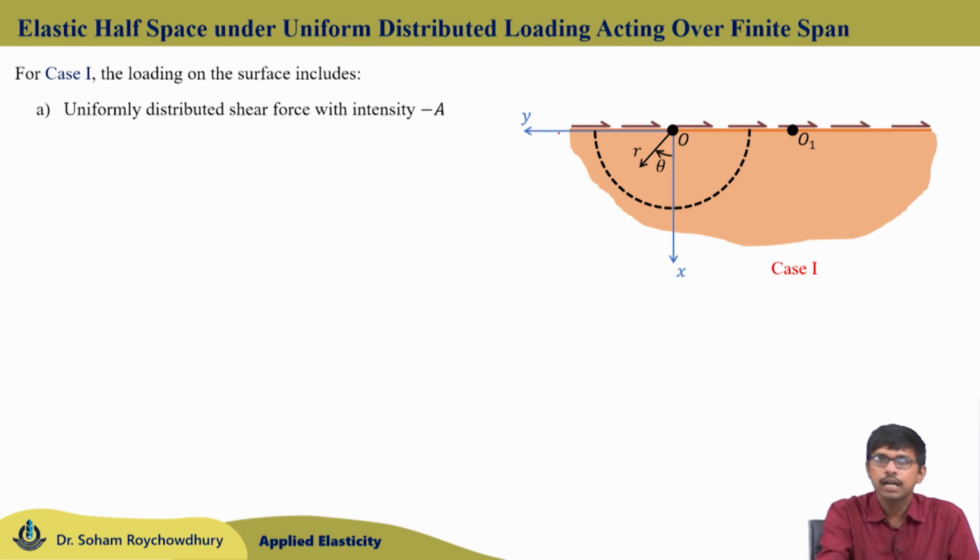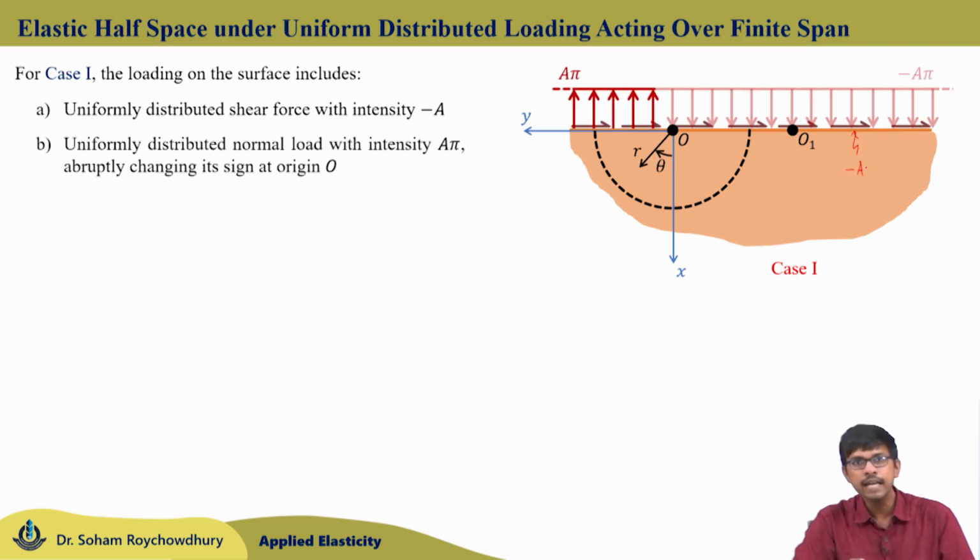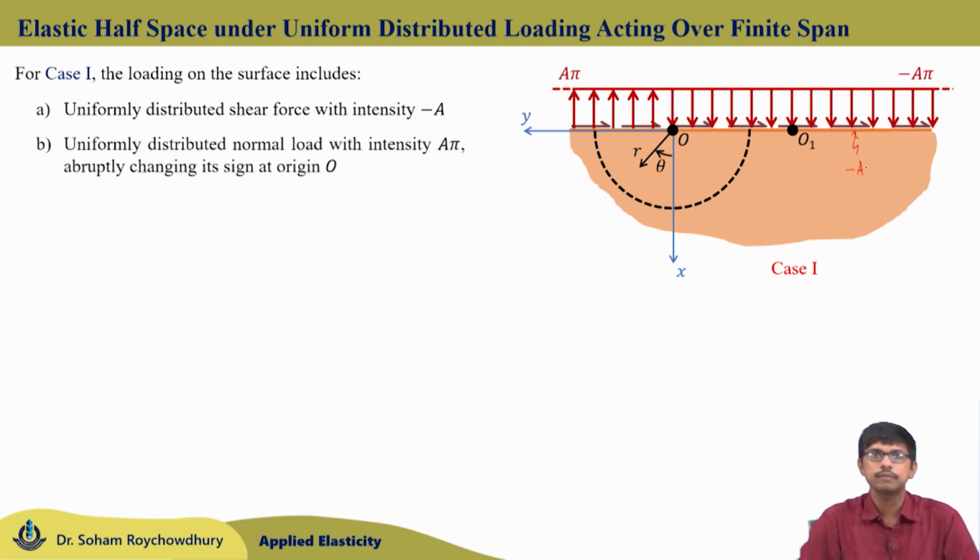You can see a shear load is shown going towards the negative y axis, and the intensity of this shear load is minus A. This is the first surface traction present for the problem. Then the next surface traction present in the problem is the uniformly distributed normal load of constant intensity A pi, but its direction changes sign as you go from the positive y axis to the negative y axis.